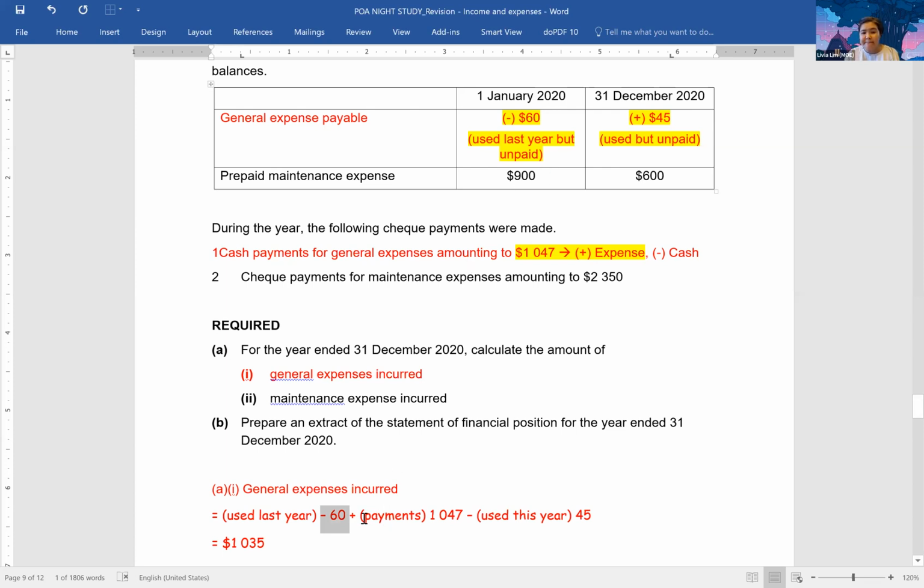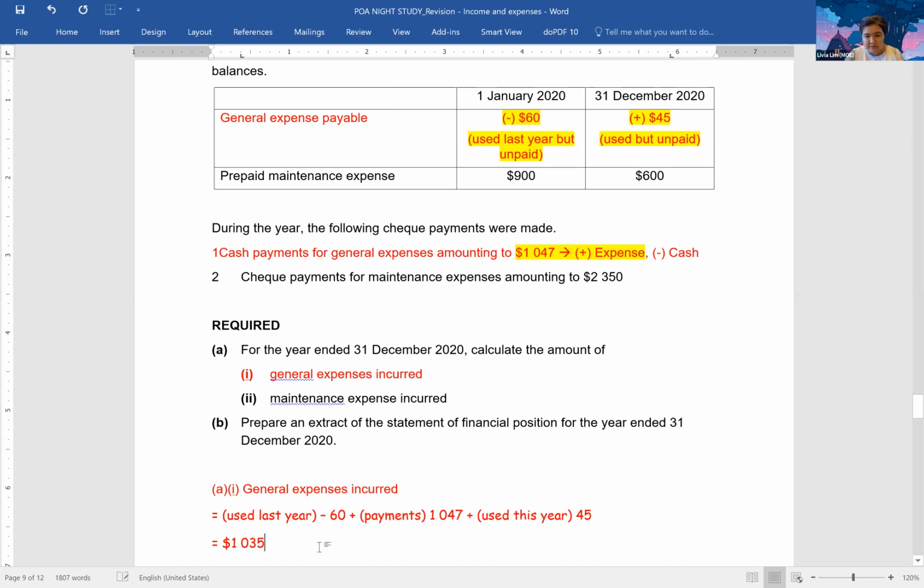Next, there was some payments. 1047 payment here. Next, is it correct? Did I calculate it wrongly? Let me check my calculation. Use this year. Minus 60 plus 1047 plus 45.